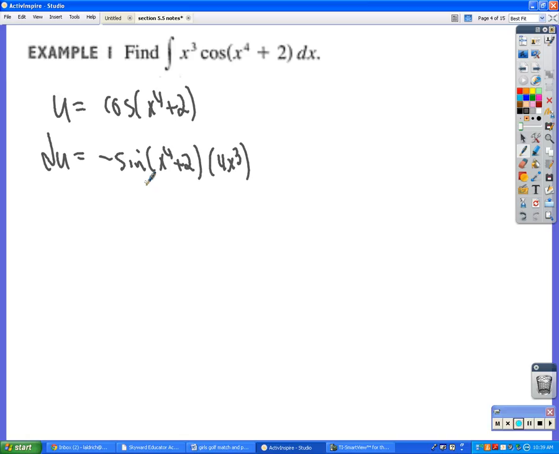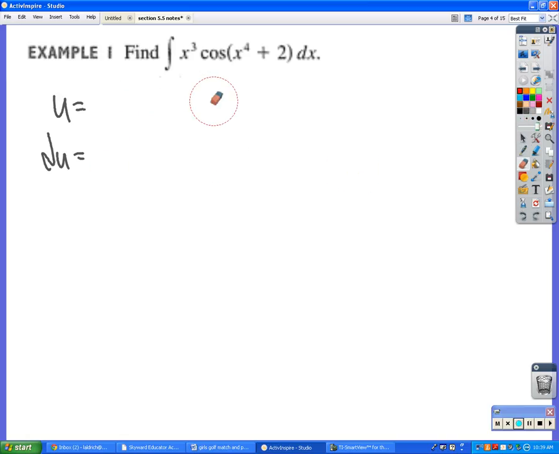So I would not be able to make that substitution. Does that make sense? So you need to let your U substitution be equal to something that if you take the derivative of it, that derivative is already in the problem. Okay? Right, and so it's just going to be x to the 4th plus 2, because if you take the derivative of x to the 4th plus 2, what do you get?